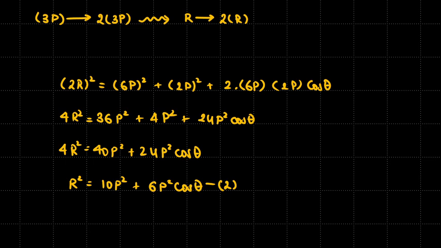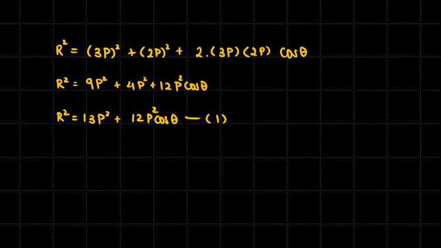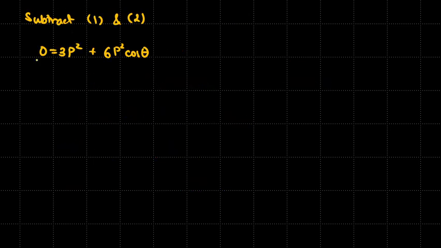Let me check it once more. Yep, right: 13 minus 10 and 12 minus 6. So moving that over, we have minus 3P squared equals 6P squared cos theta. Dividing both sides by P squared and 6, you get cos theta to be minus 1/2.